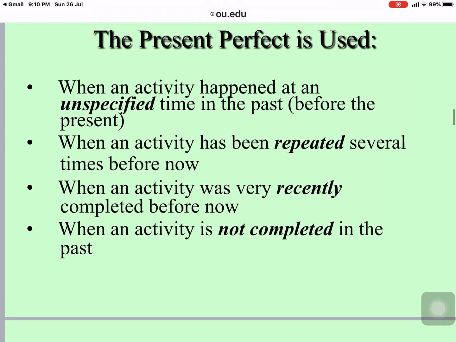For this kind of action, okay, we use present perfect tense. So study these things very carefully.